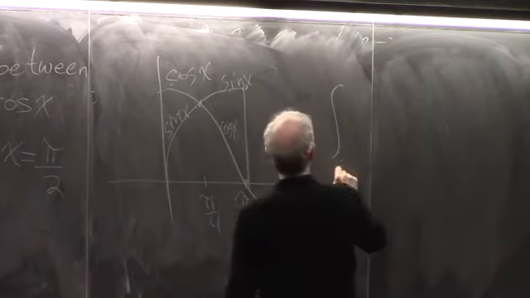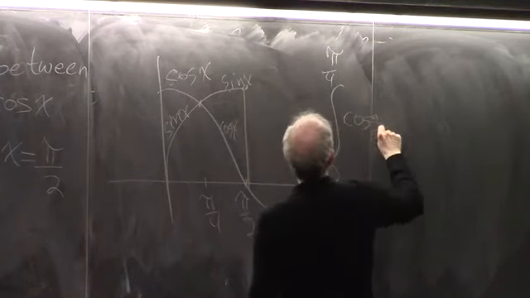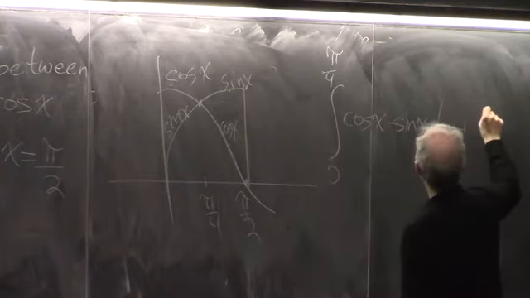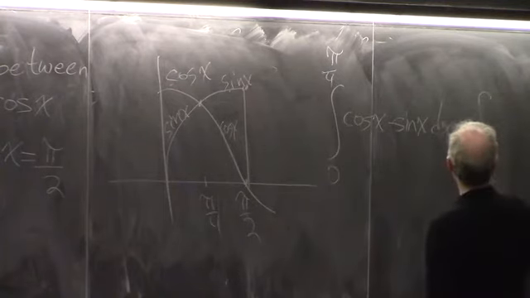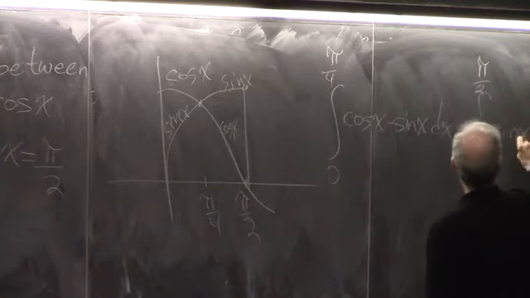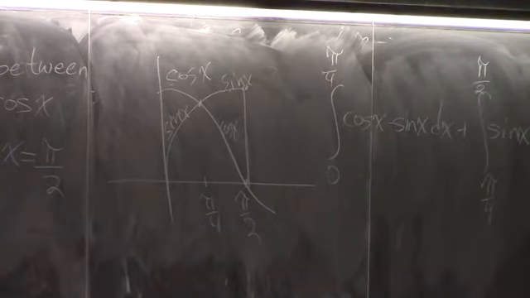So you have to do the integral from 0 to pi over 4 of cosine x minus sine x dx plus the integral from pi over 4 to pi over 2 of sine x minus cosine x dx.